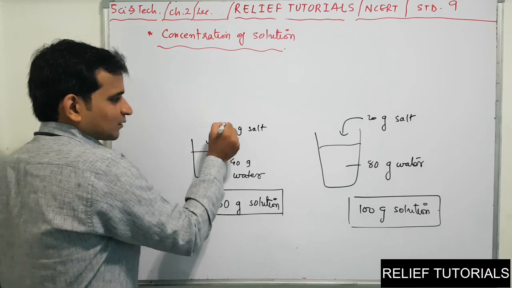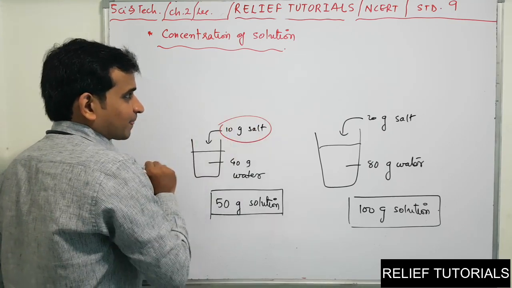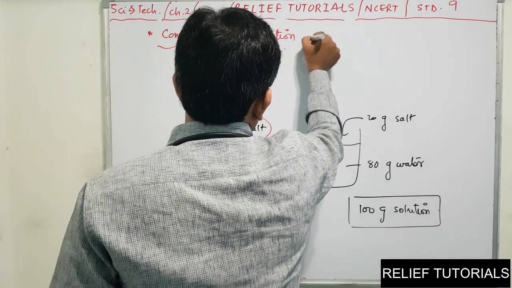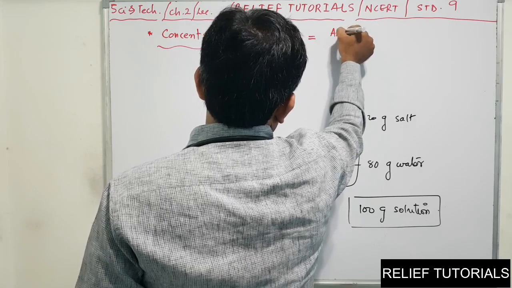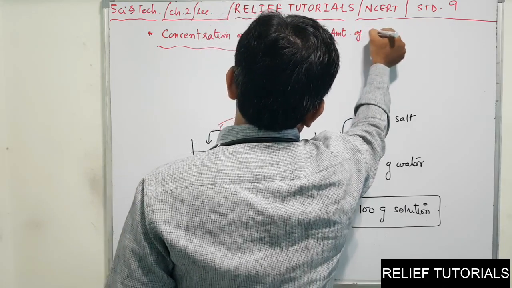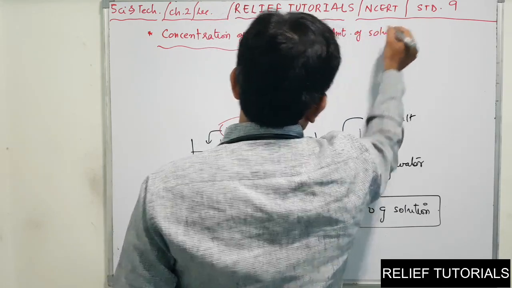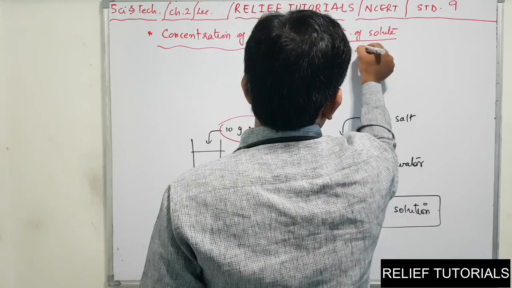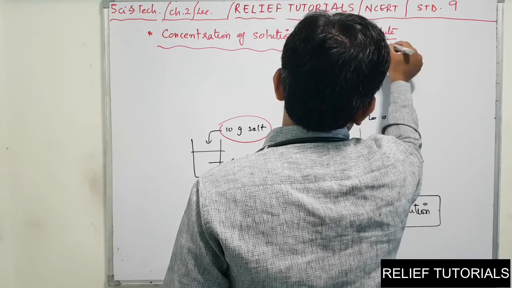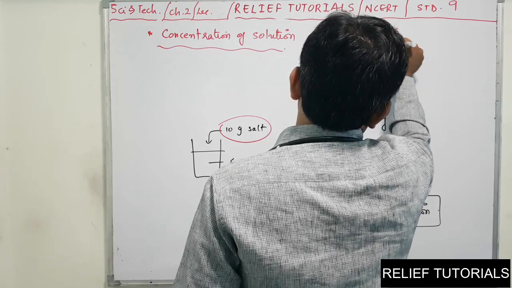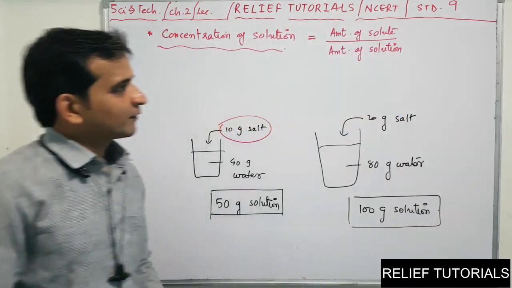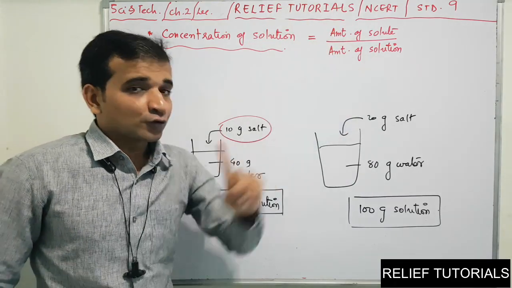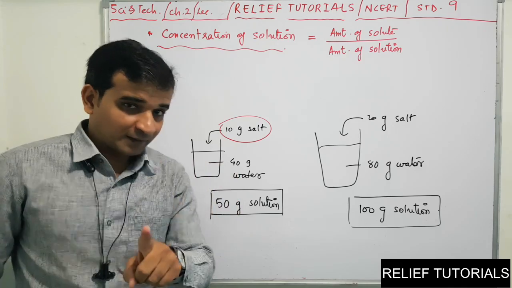Look at this. What is the amount of solute? 10 gram. So we have a formula for the concentration of solution. Let us write here: amount of solute upon amount of solution. Be careful here in the formula. We have amount of solute upon amount of solution, not the solvent.